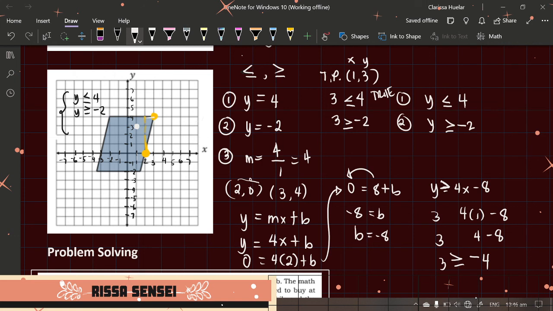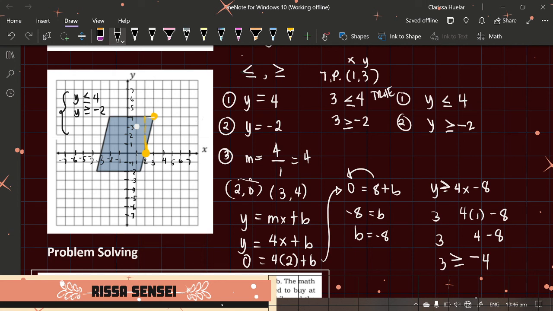Sige, please. You may also try the other one. Kung sino makakapagbigay ng inequality nito, i-PM ako, PM me, tapos bibigyan ko ng plus sa summative test number 1.